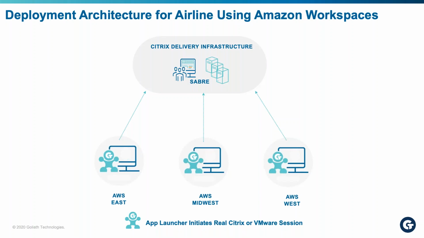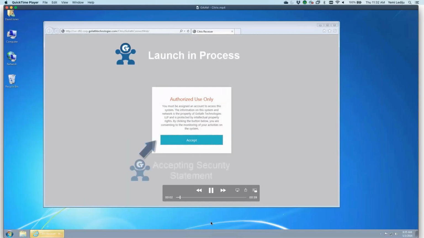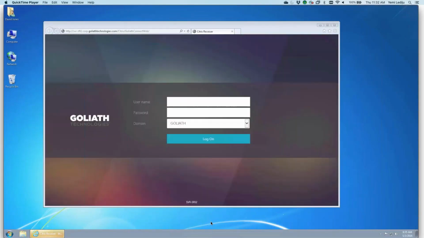So to give you some perspective as to what's actually taking place, from each one of these application launchers at the different regions, I have a quick video here showing this technology actually launching a Citrix session. So from that location, the technology is going to open up a web browser to Netscaler or storefront page.